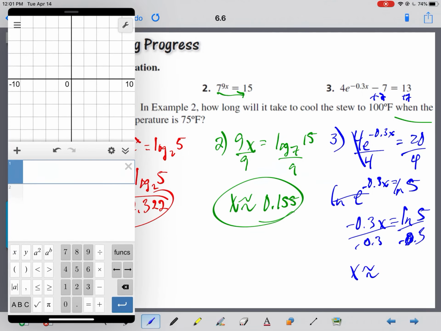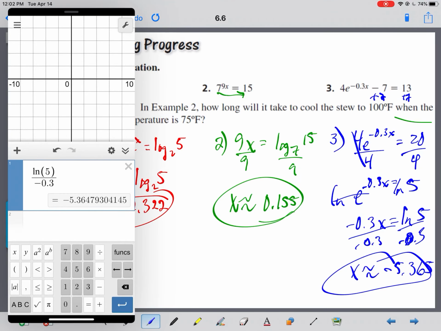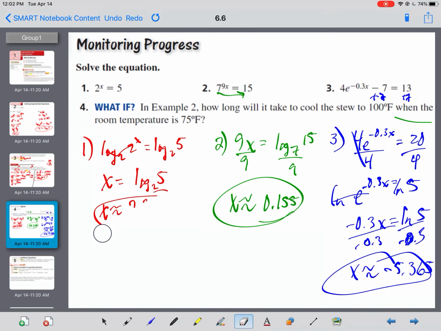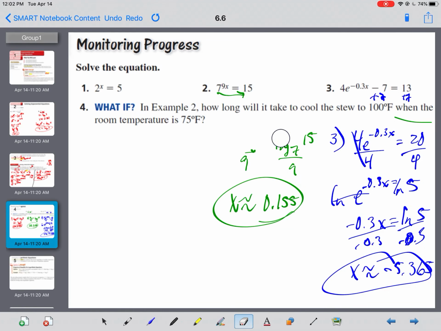So x is approximately ln of 5 divided by negative 0.3, which is about negative 5.365. Boom.